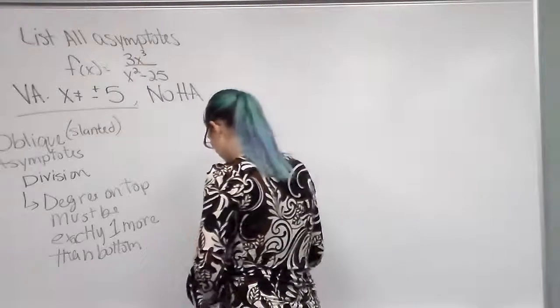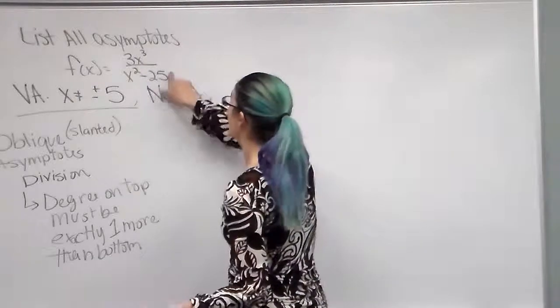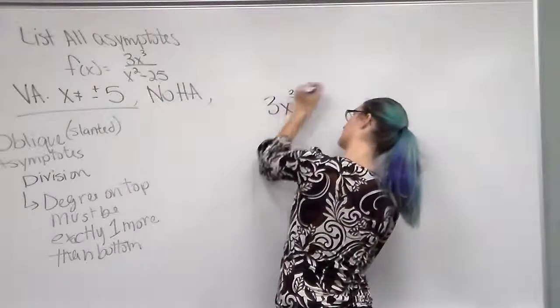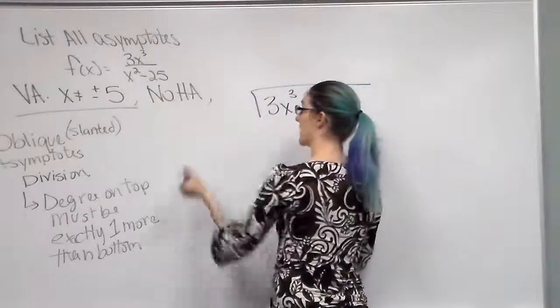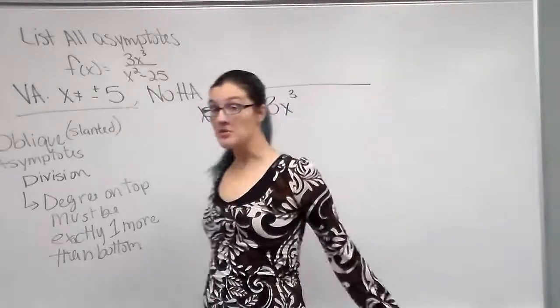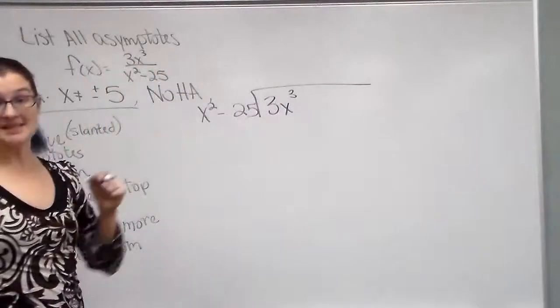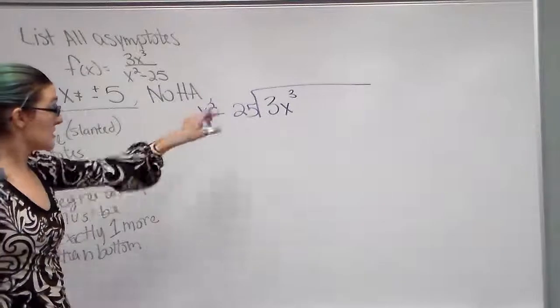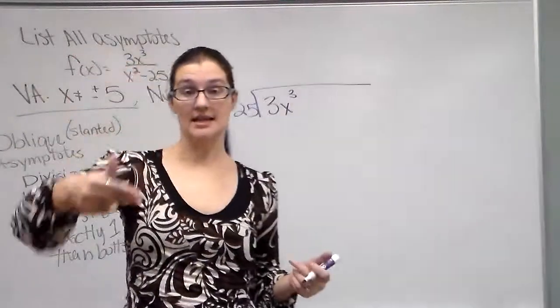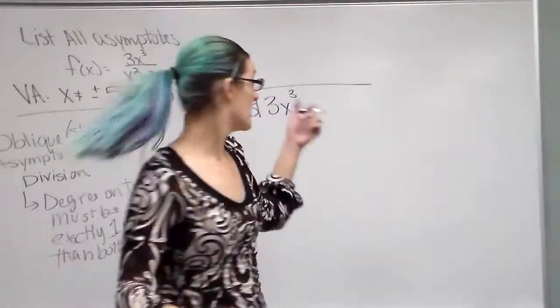So for long division, numerator goes inside. Denominator goes outside. Problem we have, we're missing pieces. So on the inside we have 3x cubed. I need an x squared, I need an x, I need a constant, just like if I were doing synthetic.